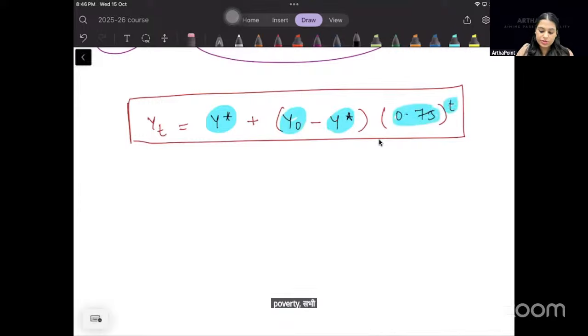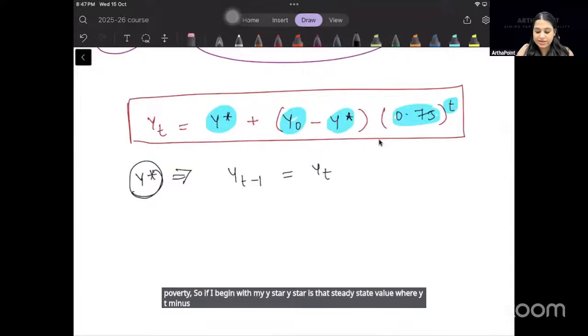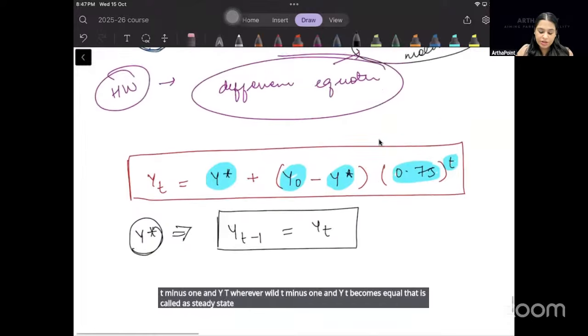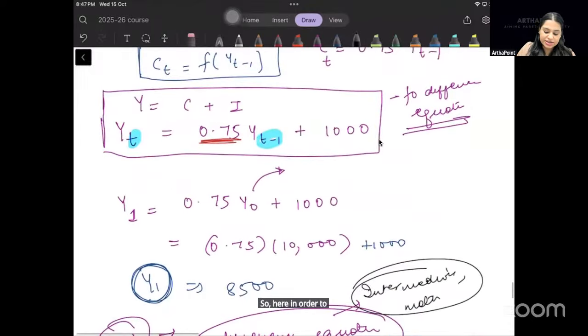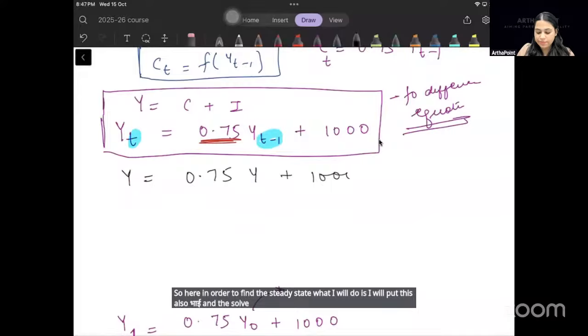So y star is that steady state value where yt minus 1 and yt become equal. Wherever yt minus 1 and yt become equal, that is called steady state. So here, in order to find the steady state, I will put this also as y and this also as y.